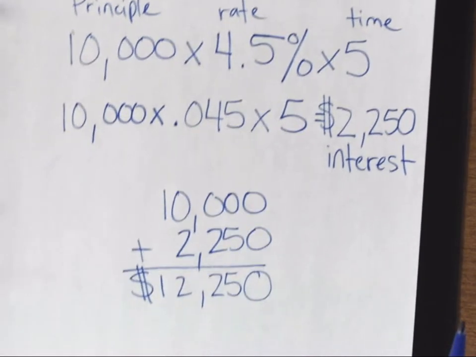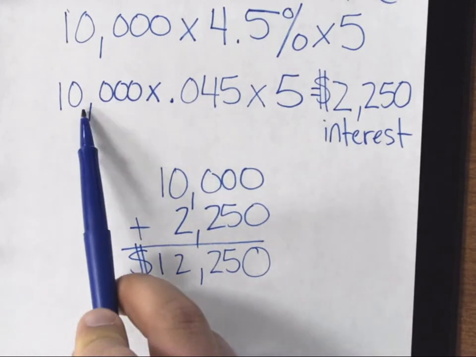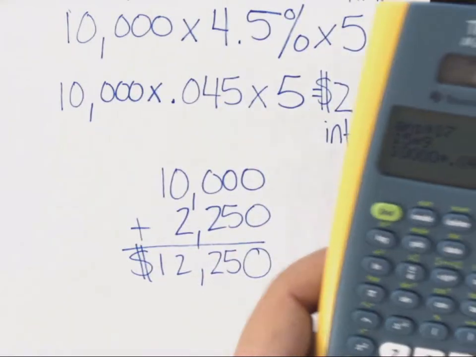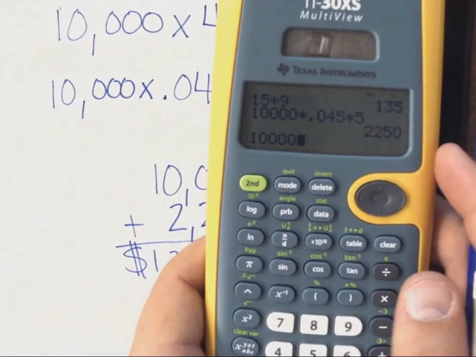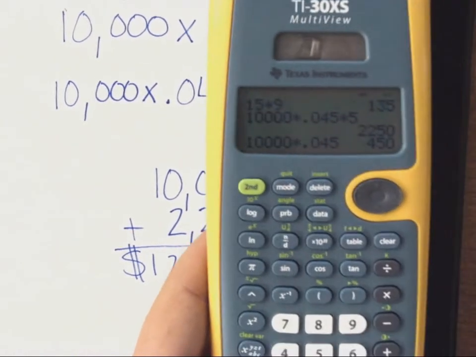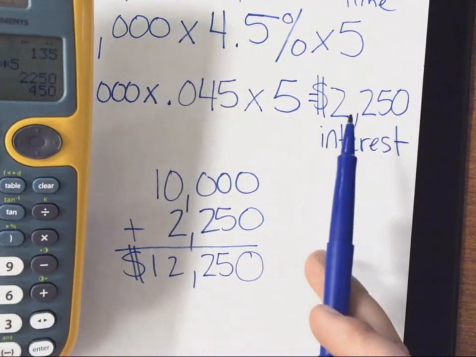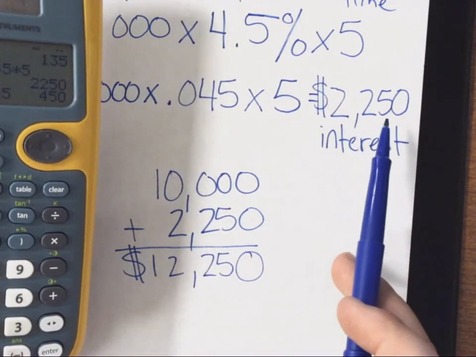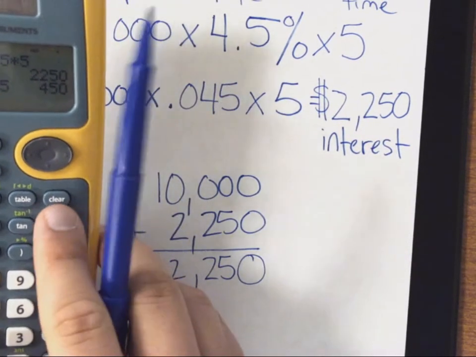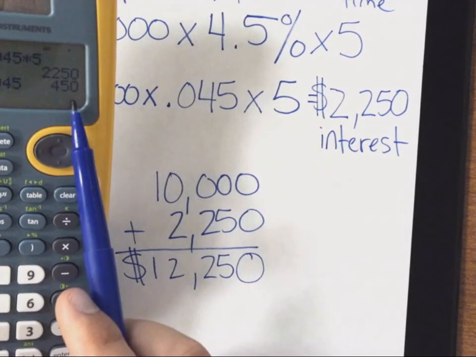For example, if we had 0.045 as the rate and the principal as 10,000, and we multiply those, so 10,000 times 0.045, that would be 450. If we did not know the amount of years, but we knew that the interest was 2,250, we could just take 2,250 and divide that by 450.